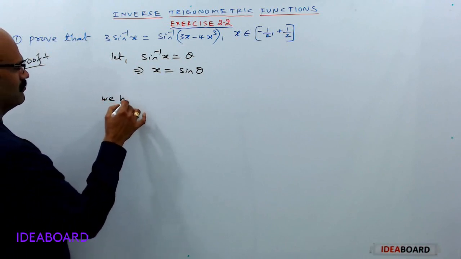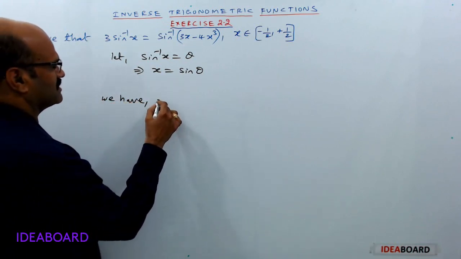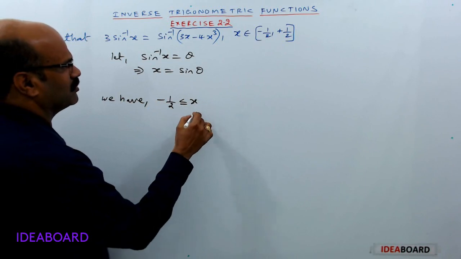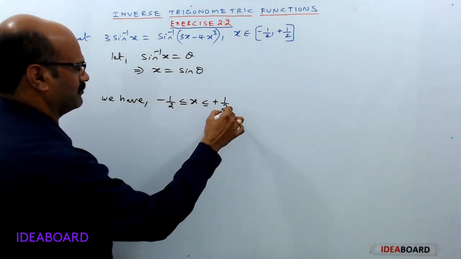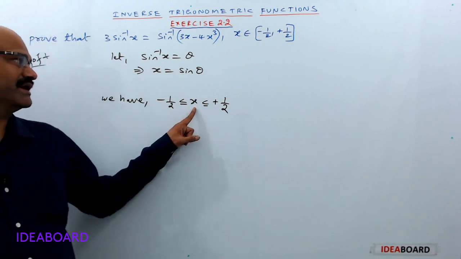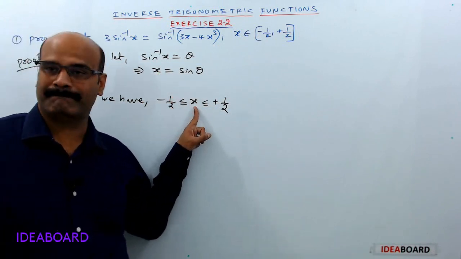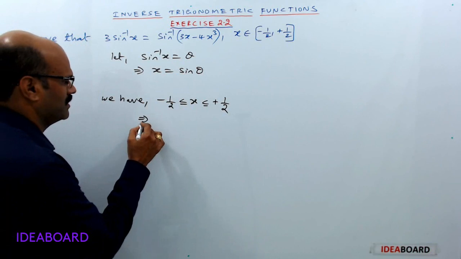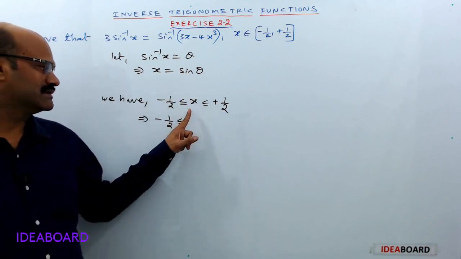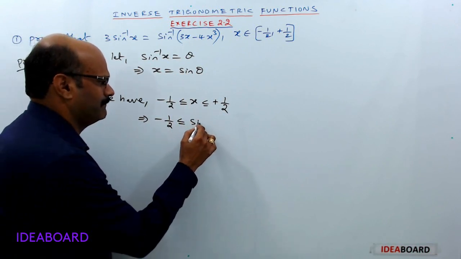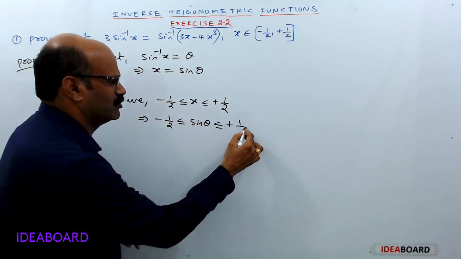We have minus 1 by 2 less than or equal to x less than or equal to plus 1 by 2. Here x equals sin theta. Then minus 1 by 2 less than or equal to sin theta less than or equal to plus 1 by 2.